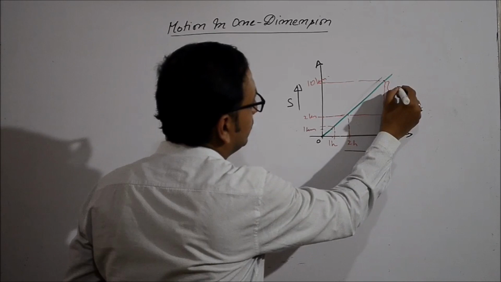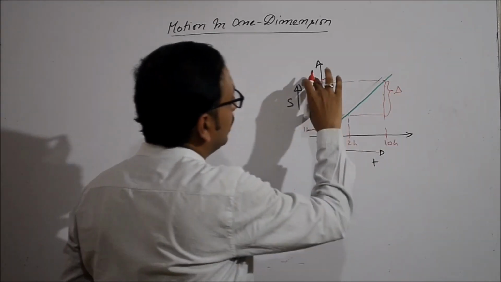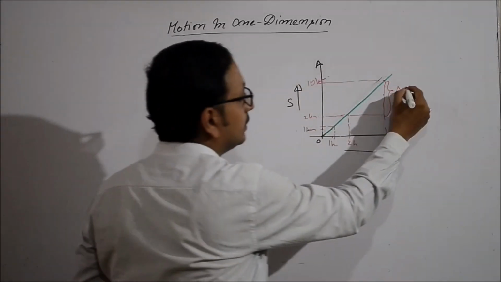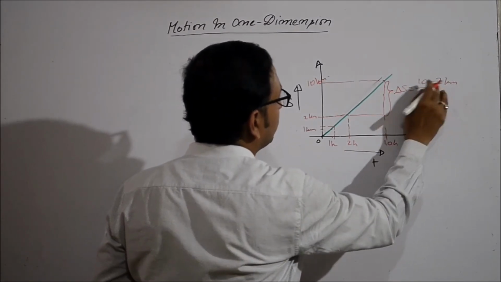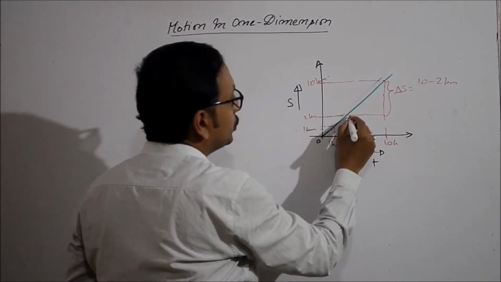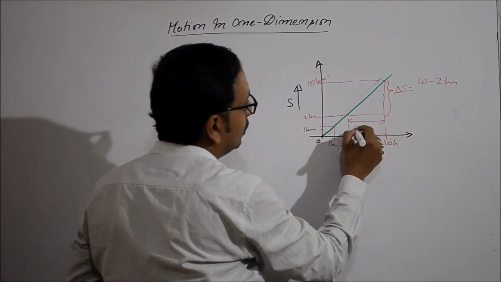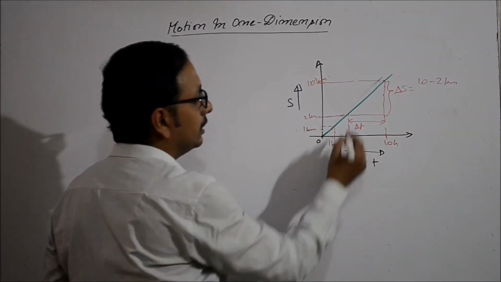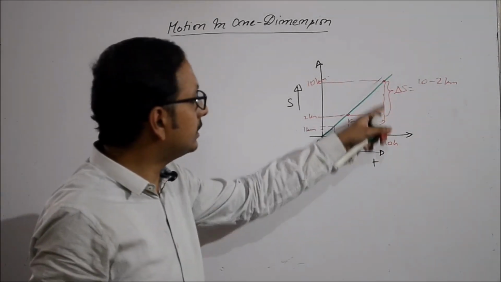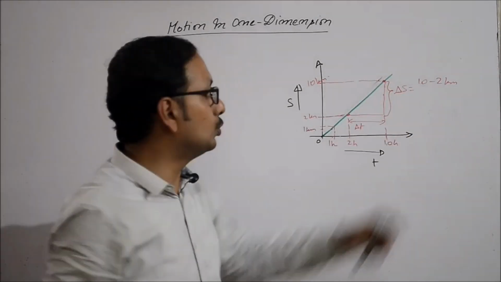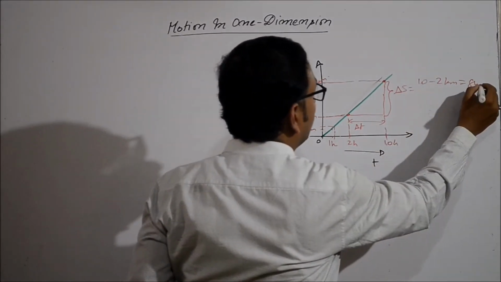If you take this one, this is your del S, that means 10 minus 2 kilometers. This portion is your del T, that is the time interval. From this point to this point we are considering. This is the displacement, that is 10 minus 2. You will be having 8 kilometers.